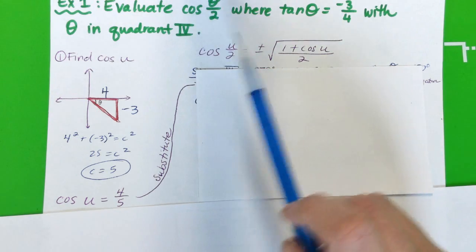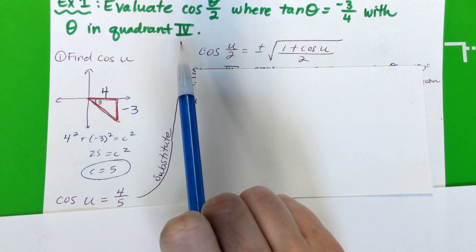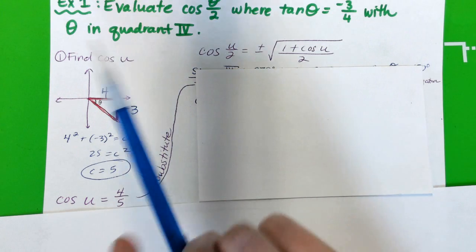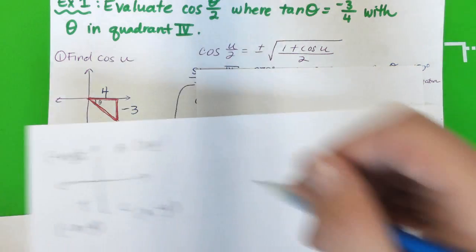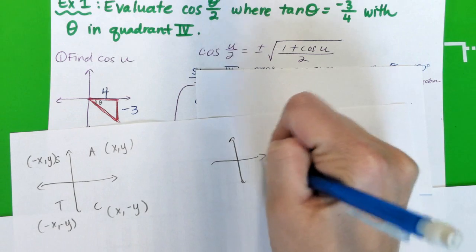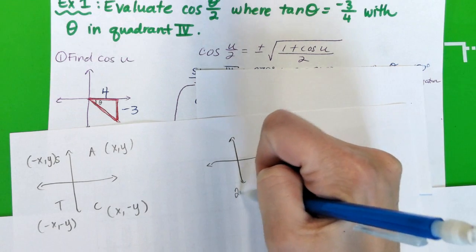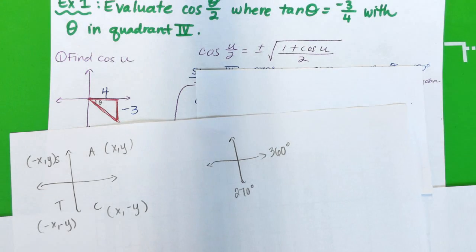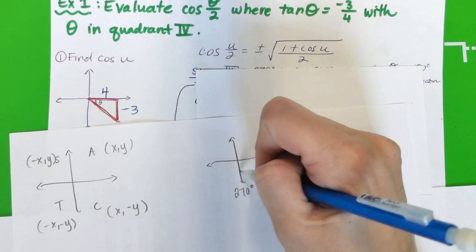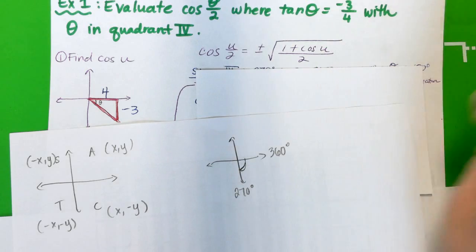So what we're given is that theta is in quadrant 4. So if we think of the degrees on quadrant 4, would you guys agree that in quadrant 4, I start at 270 degrees and it goes to 360 degrees for quadrant 4? Okay, so theta has to be somewhere in that interval.